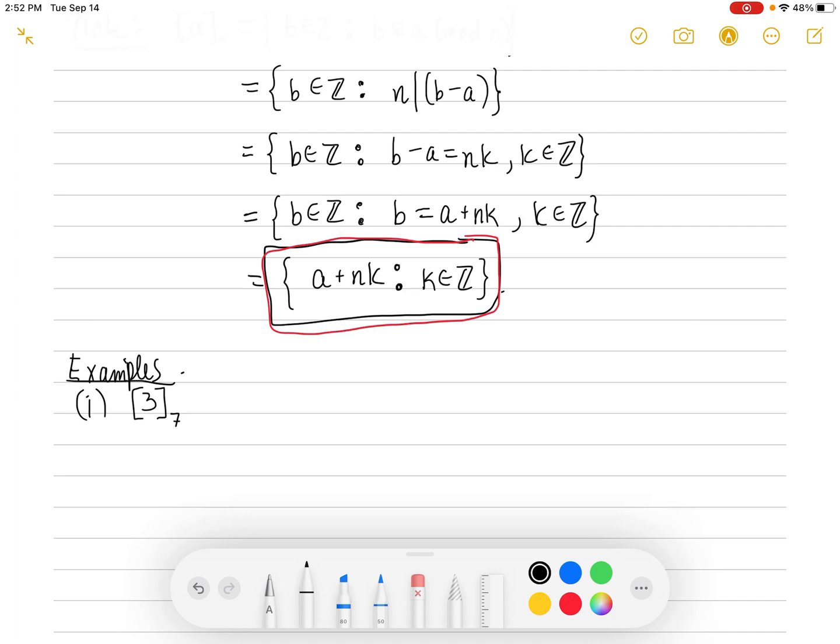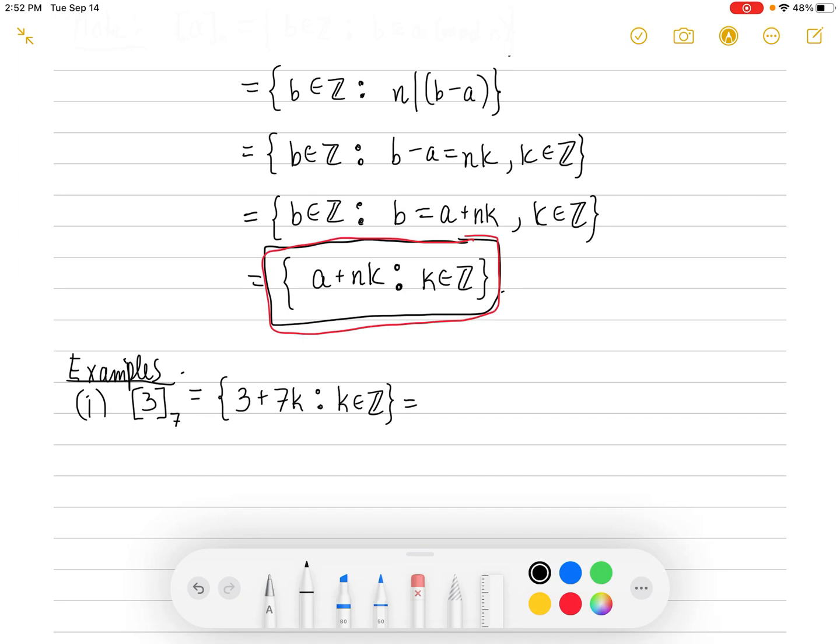Let's say I look at the congruence class of 3 mod 7. Well, if we use this red characterization, it's everything of the form 3 plus 7k, such that k is an integer. Here 3 is a and 7 is n, so I have 3 plus 7k, where k is an integer.